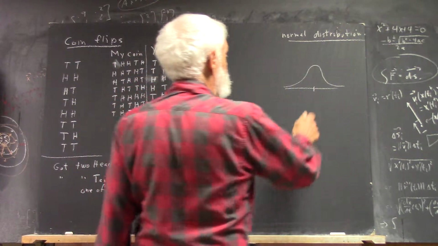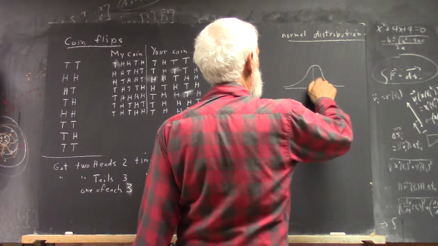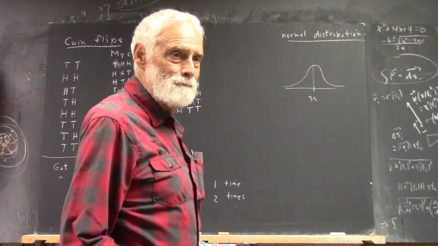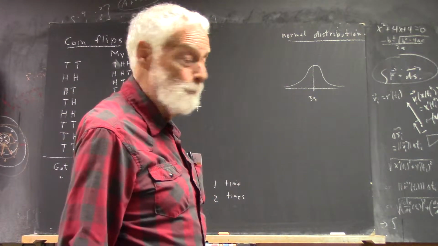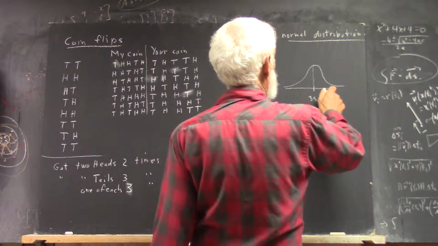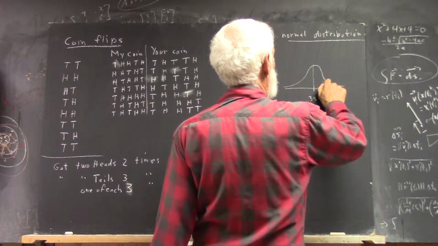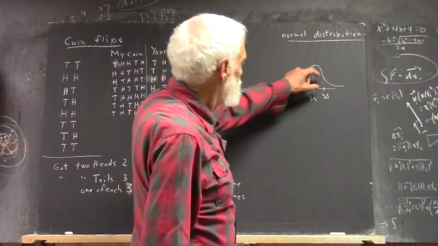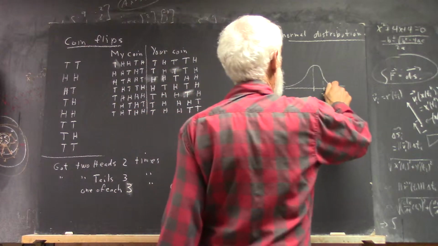In other words, if the number here is 35, then how high the curve is here kind of indicates how likely 35 is. And maybe 38 is here, a little less than half as likely as 35. And maybe 40 is out here.